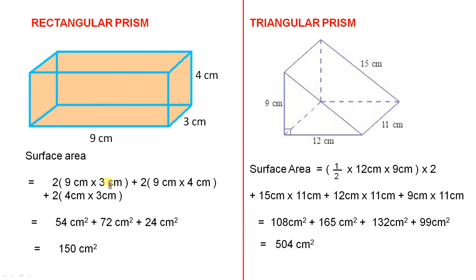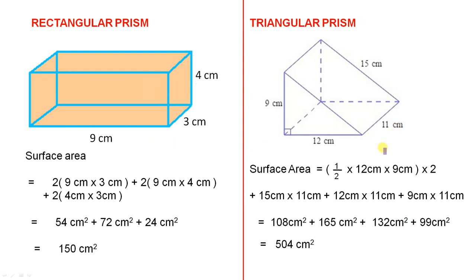So when we work that part out there, that gives us 54 centimetres squared. This part here, 9 4s are 36, 2 times 36 is 72 centimetres squared, and 4 3s are 12, 2 12s are 24 centimetres squared. When we add those 3 up, we get 150 square centimetres, which is the area of the rectangular prism.